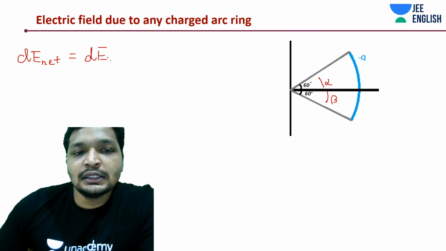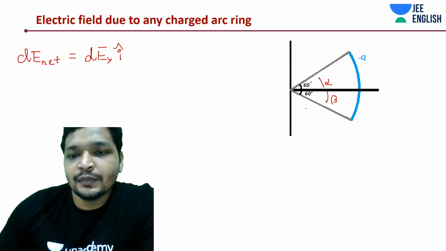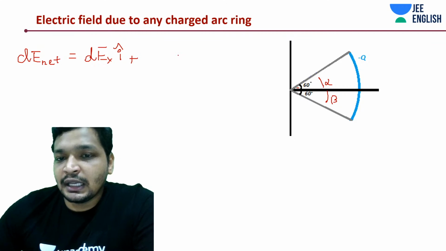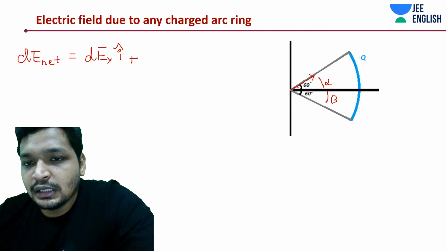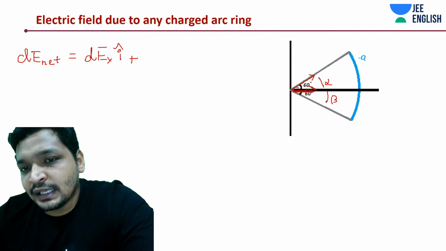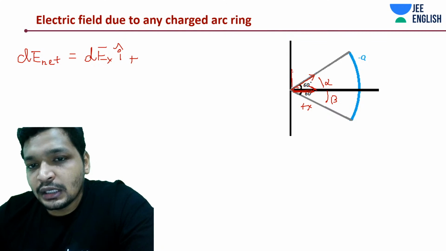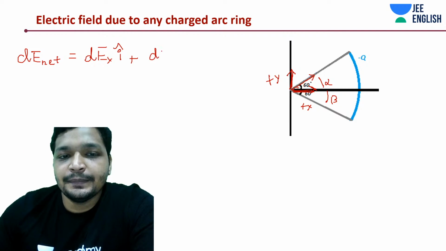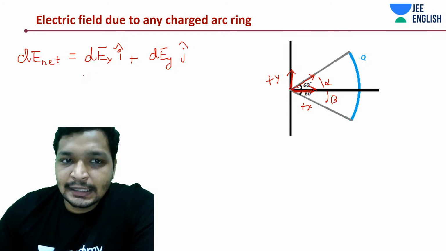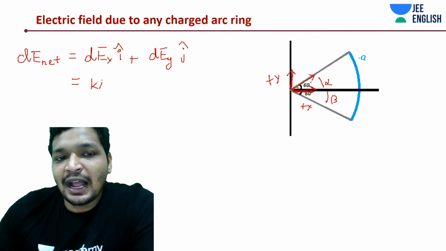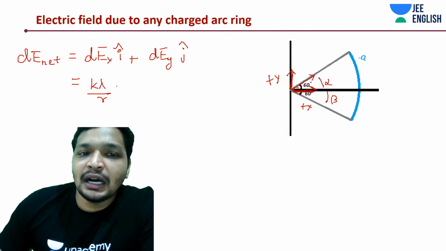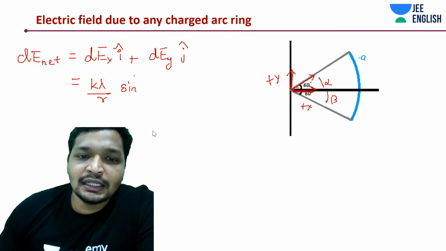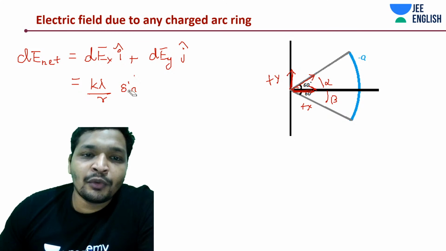It's going to be dEx i cap plus dEy j cap. Let's take this part and understand. dEx plus i cap, plus x direction; dEy plus j cap, plus y direction. Clear? I believe this should be clear. So you would have something like this: k lambda by r cos theta i cap, sorry, and sine theta should be j cap, depending upon whatever your theta is.